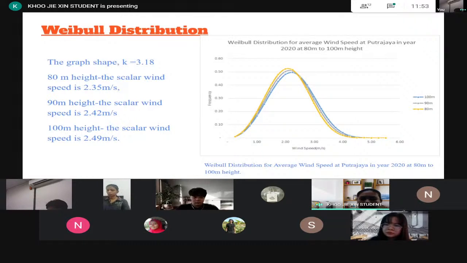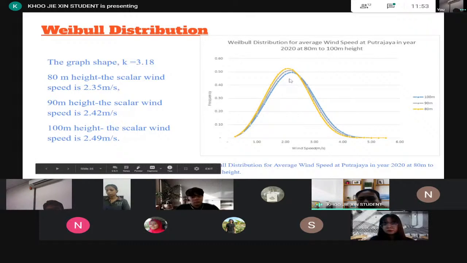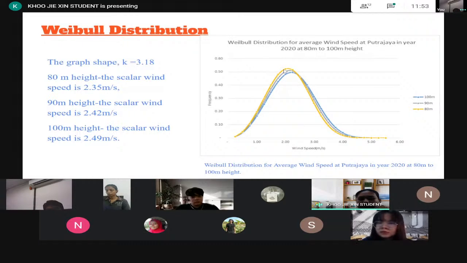For 90 meter height, the scale wind speed is 2.42 meter per second. And for 100 meter height, the scale wind speed is 2.49. I can see over here that even though the highest frequency is at 80 meter, it does not have the highest wind speed density.